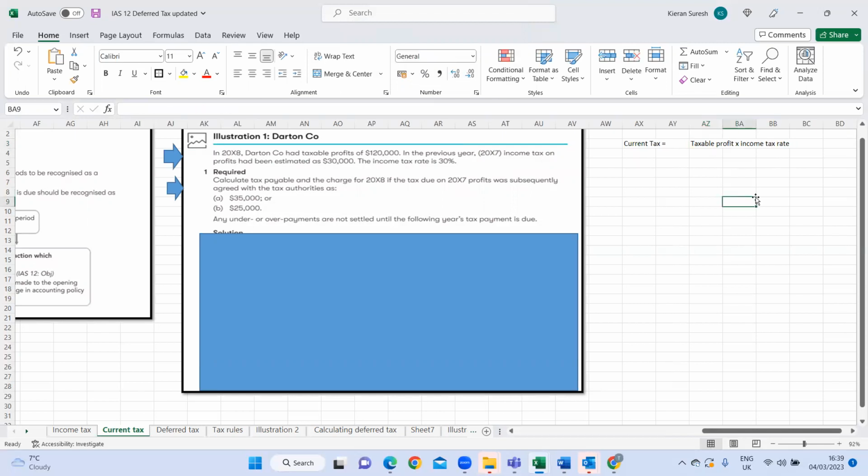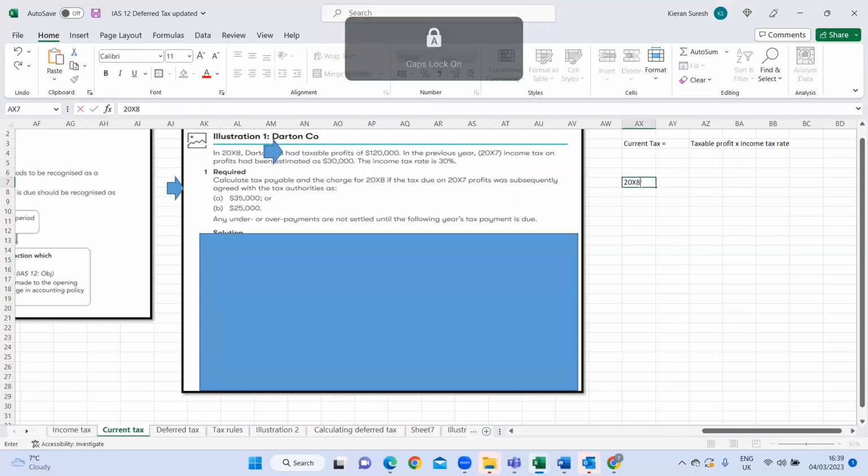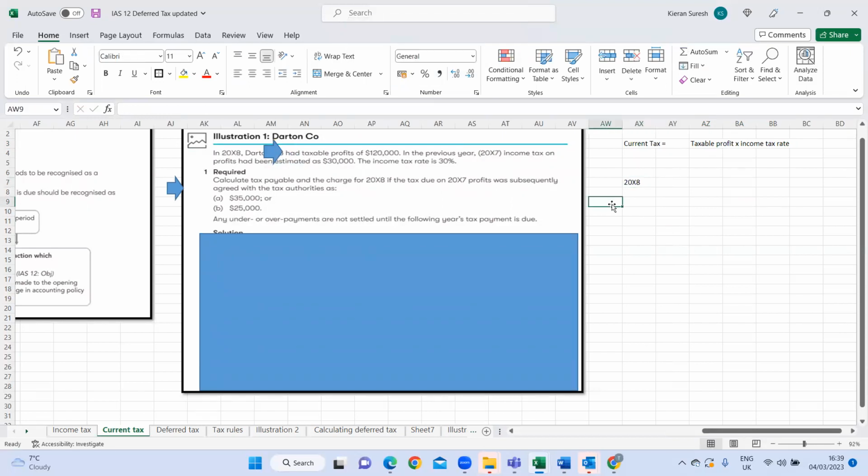In this case, we have a company, and the key important term here is taxable profit, 120,000. So if you take 2018, the first thing we need to calculate is the current tax. How do I calculate the current tax?